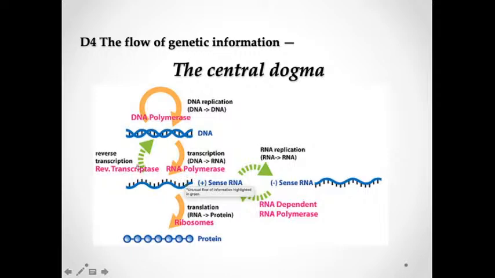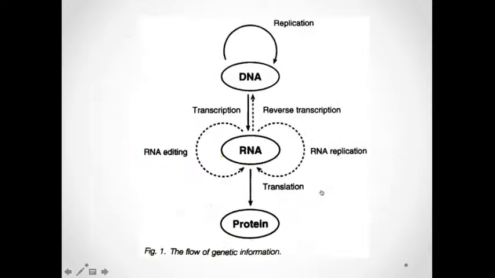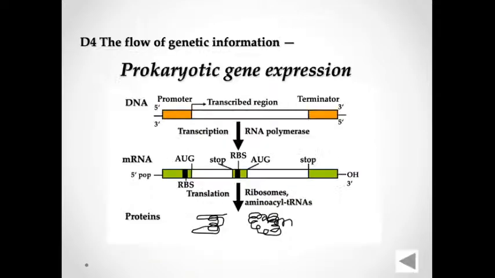With the help of reverse transcriptase, it could produce reverse transcription leading to production of DNA, and further translation can happen with the help of ribosomes to produce proteins. And RNA could also replicate with the help of RNA dependent RNA polymerase, making a positive sense and negative sense of RNA. So this is a common summary: DNA to RNA to protein, the central dogma.